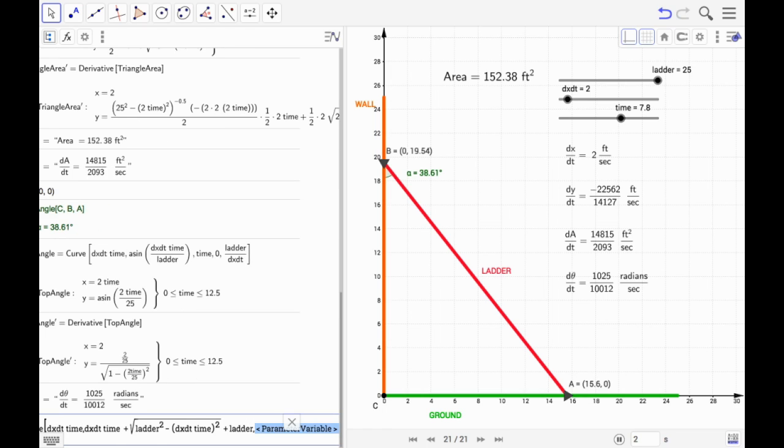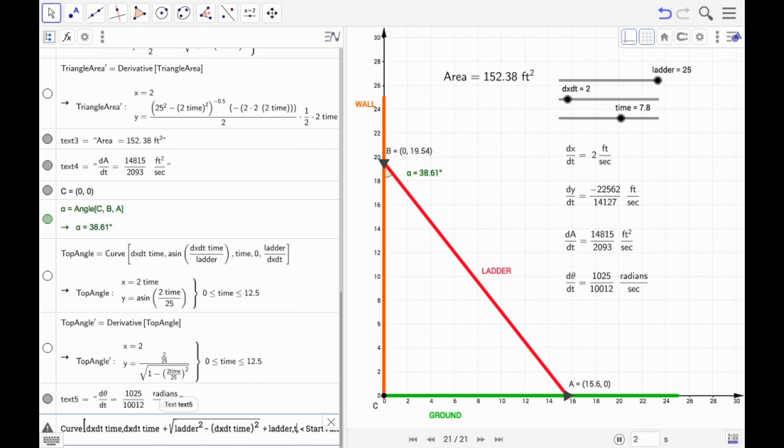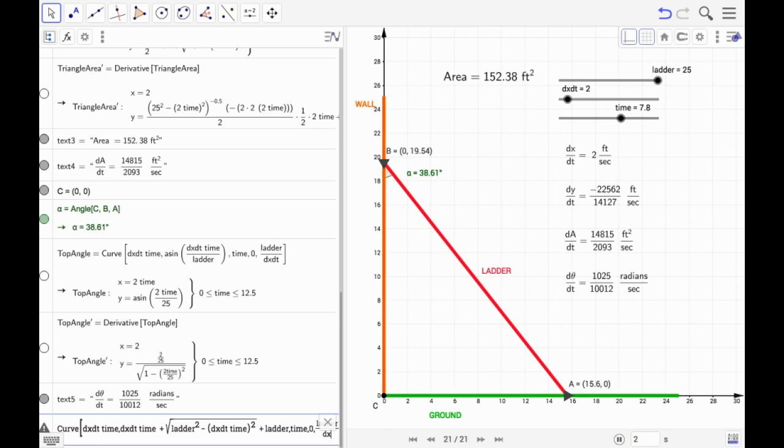The parameter variable is going to be time, the start value is going to be 0, and the end time is going to be ladder divided by dx dt, because that tells us the time at which this entire model is going to finish.